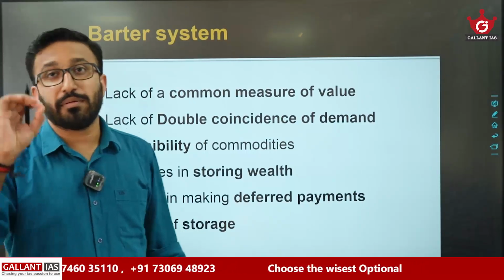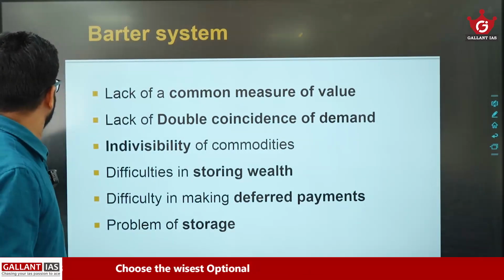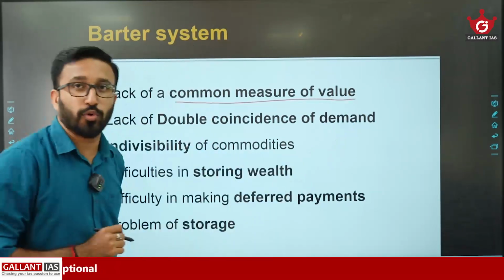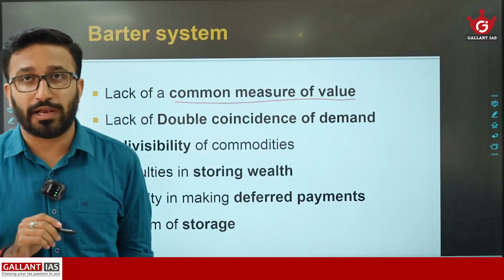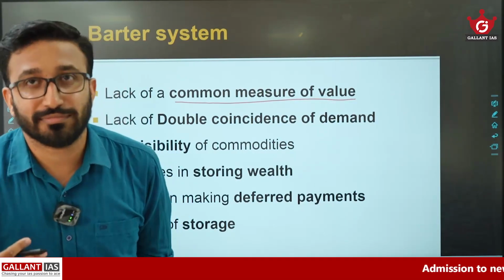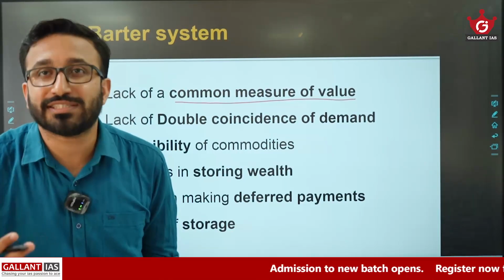So what are the issues with the barter system? First one is, you can take a look, lack of common measure of value. Suppose I have a goat with me and I am in need of rice.